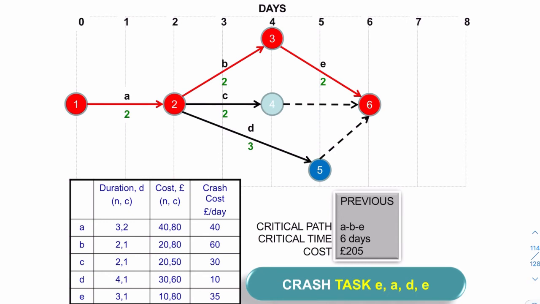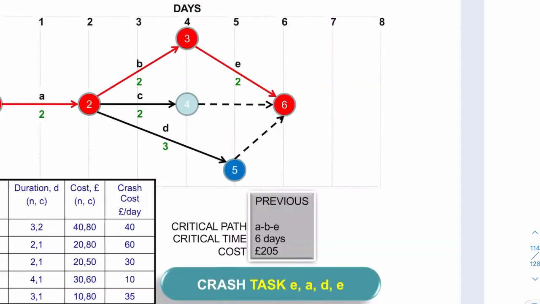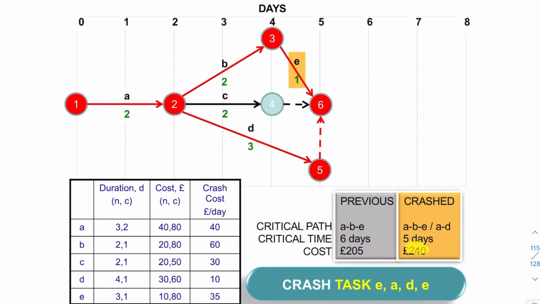And clearly it's E. So for an extra £35, we can bring this task back 1 day. So there, we've added £35, but by crashing task E again, we have now brought the project back by 1 day, and in total it's gone back by 1, 2, 3 days.